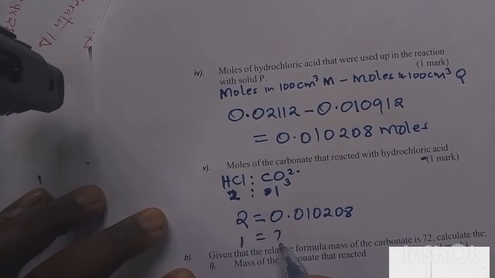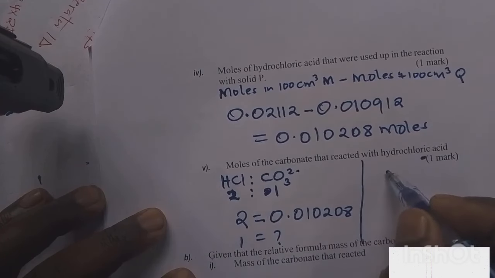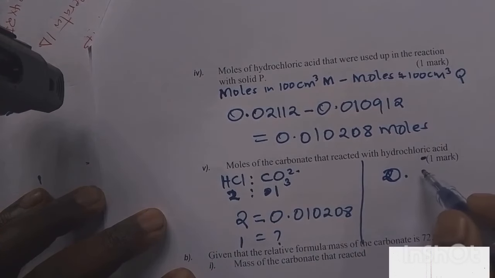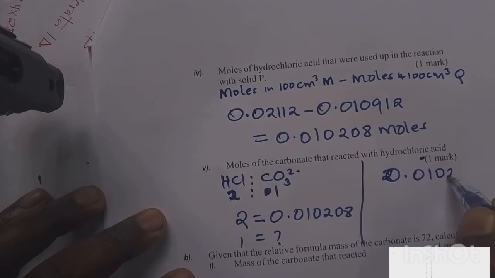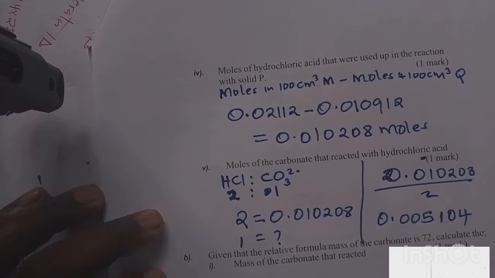So it is 1 times this divided by 2, that is a half. And the moles of the carbonate is 0.005104. That is the moles of the carbonate.